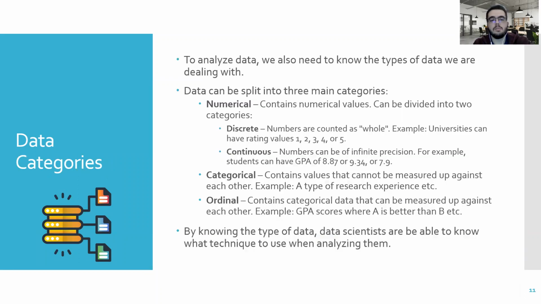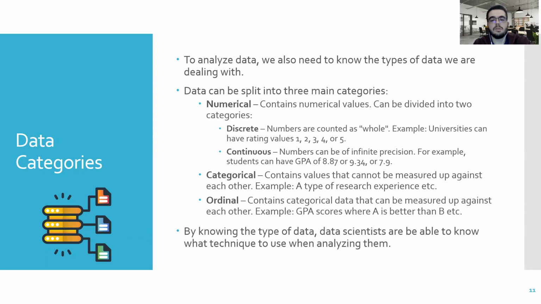After the data preparation, we need to understand to which categories our data belong. To analyze data, we need to know the types of data we are dealing with. Basically, data can be split into 3 main categories: numerical data, which contains numbers, and in their turn, there could be discrete numbers like whole numbers.